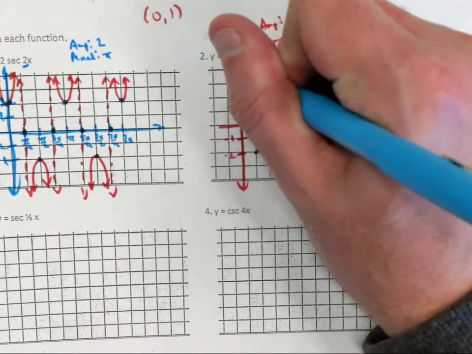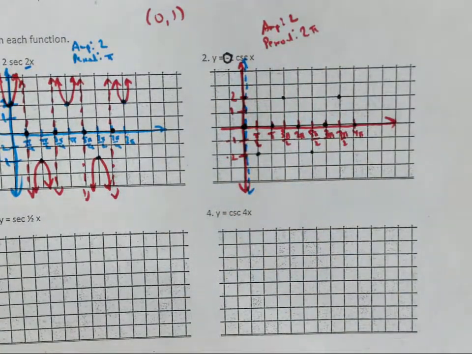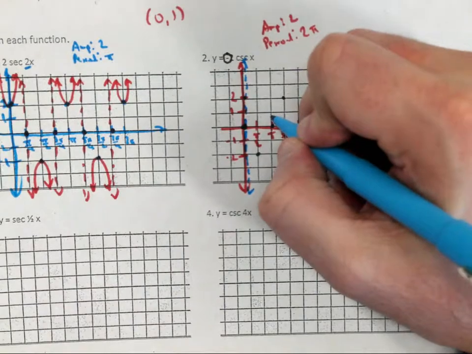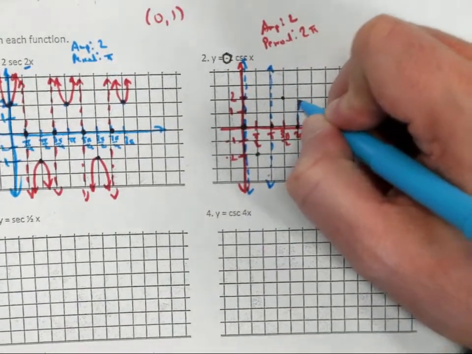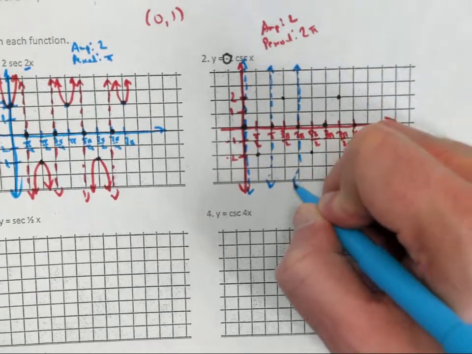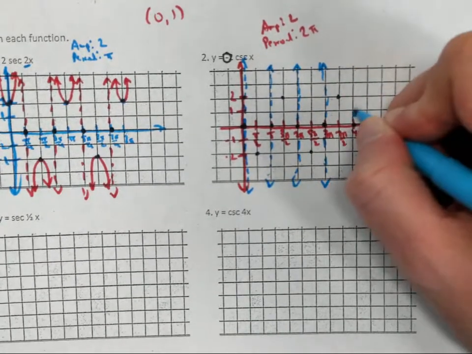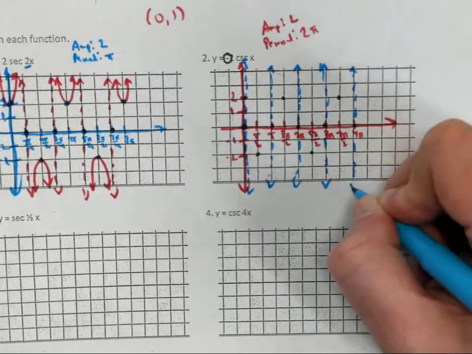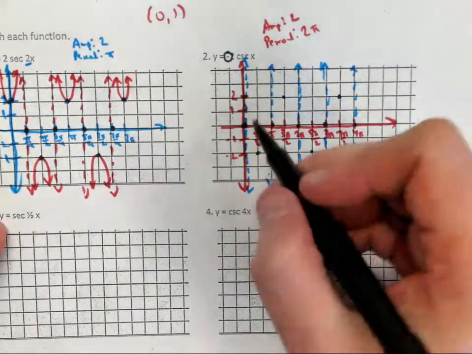So you have an asymptote at the origin. I come right beside that so I can show there's an asymptote. And then I draw my curves.